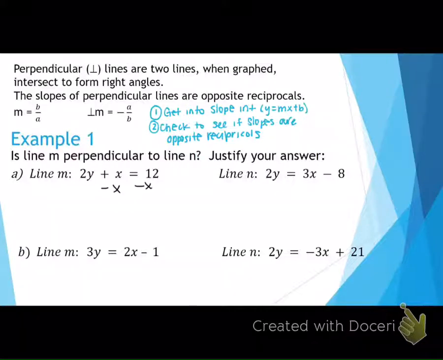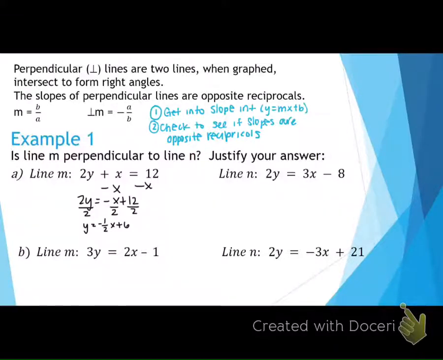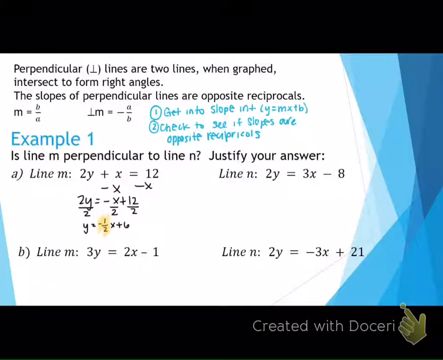A lot of you guys will tell me that my slope is 1, but it's not in slope-intercept form, is it? What do you have to do next? I just like to make sure I address the issues that a lot of you guys do. You were doing a great job. So my slope here is negative 1/2.